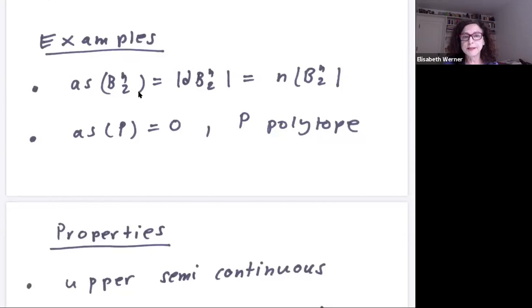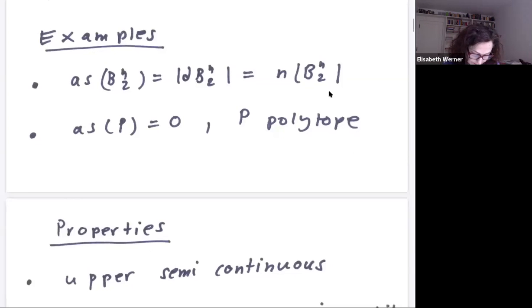In particular, the Euclidean unit ball can be approximated by polytopes. But for polytopes the affine surface area is always 0, while the limiting object, the Euclidean unit ball, has affine surface area different from 0. So we cannot expect continuity, but upper semicontinuity holds.